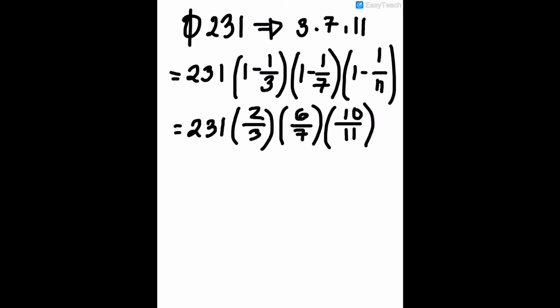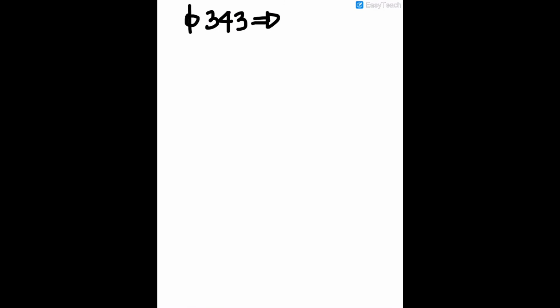So next step is that we are going to multiply 231 times 2 over 3 times 6 over 7 times 10 over 11. And this will result to 120.